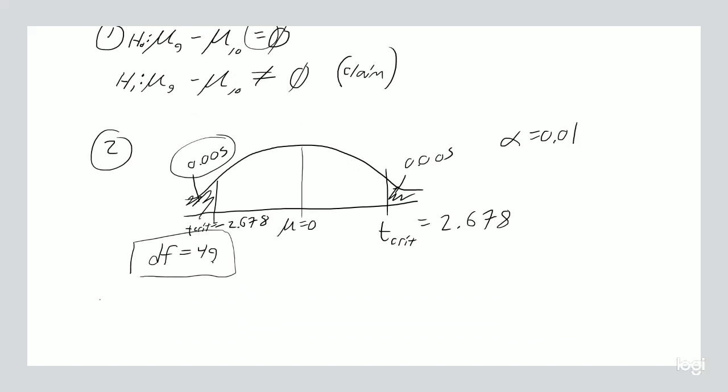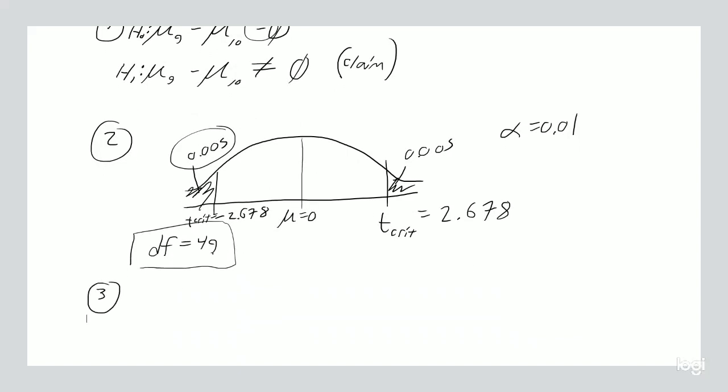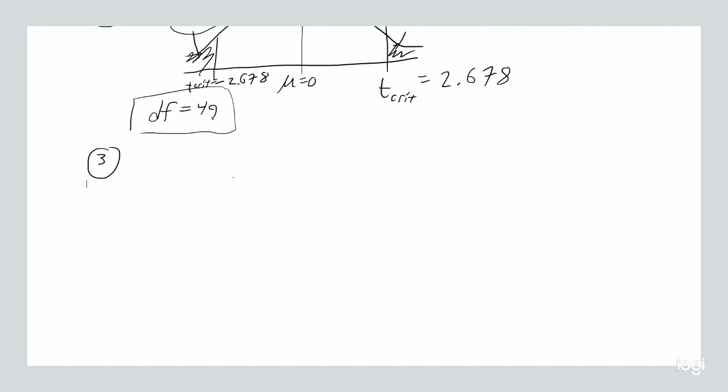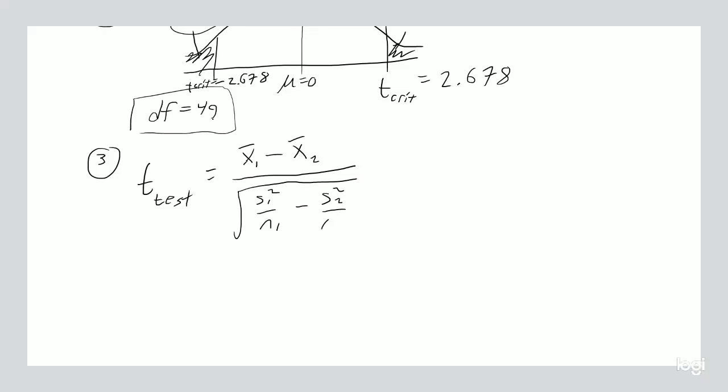Then we do step 3. So the equation for the test statistic is different when we're comparing two different samples that are independent, right? So we actually have to do this. That's what the equation for the test statistic looks like.